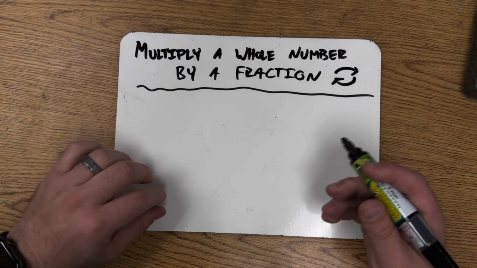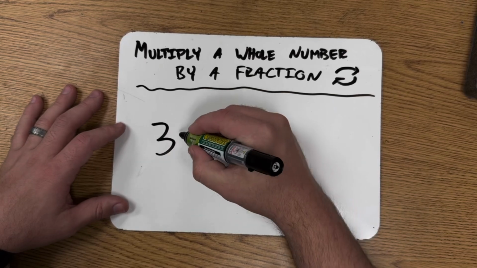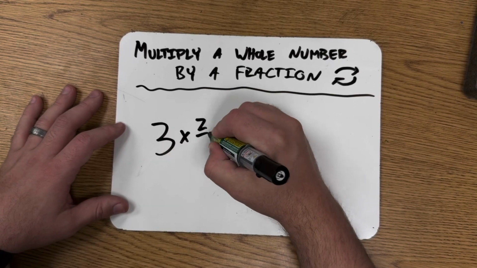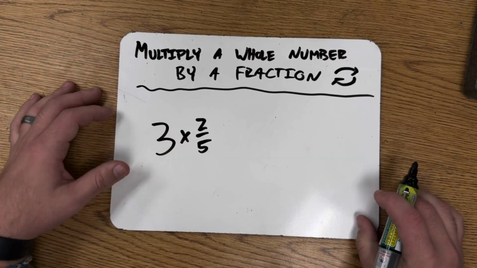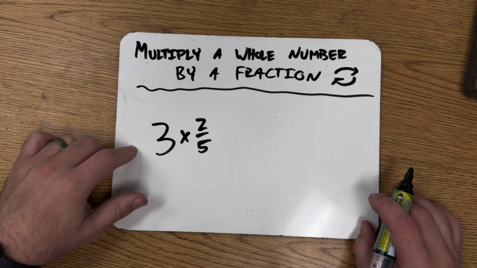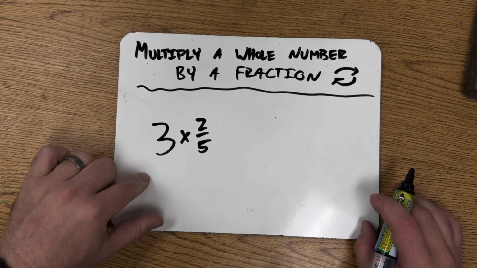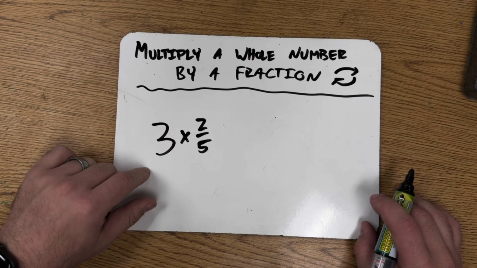So let's take a look at this. Let's say that I had 3, a whole number, times 2/5, okay? 3 times 2/5. So what I need to do is I need to take my 3 and I need to convert this over to a fraction. I cannot just multiply it as is.